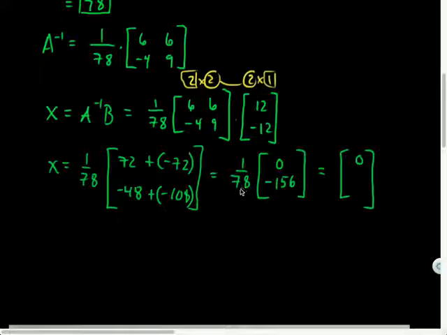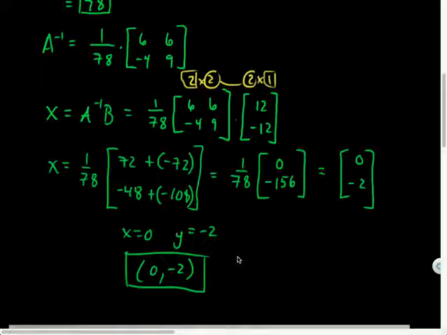And multiplying that by negative 156, is that negative 2? I think it is. So that means my answer, this is my x matrix, so little x is 0 and little y is negative 2. Or I could write that as a solution 0, negative 2 if you wanted an ordered pair. So that's the idea for solving a system using matrices.